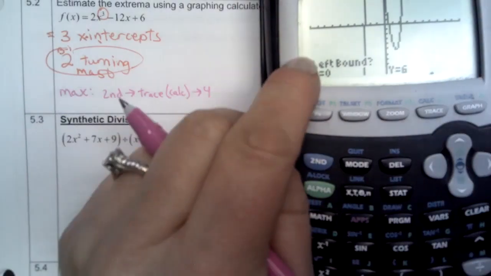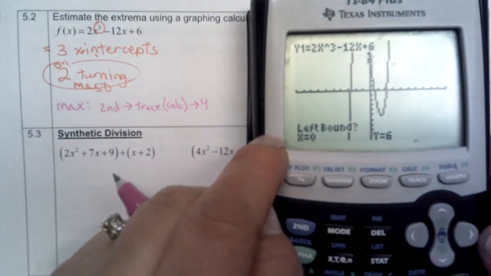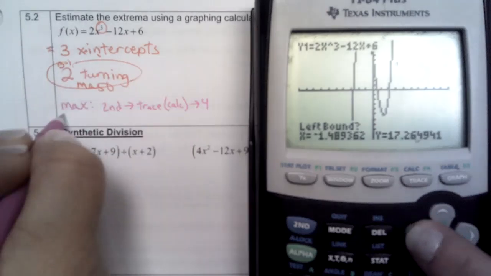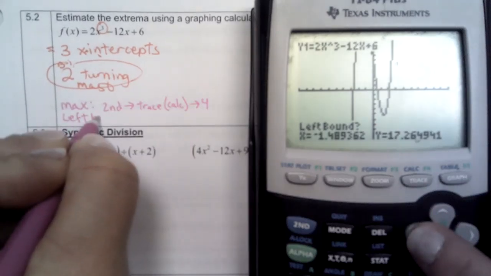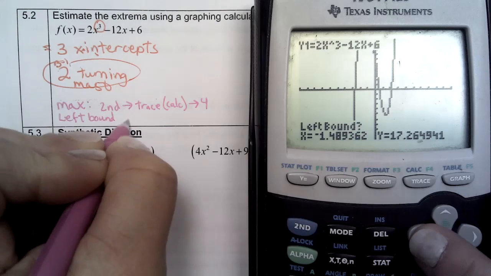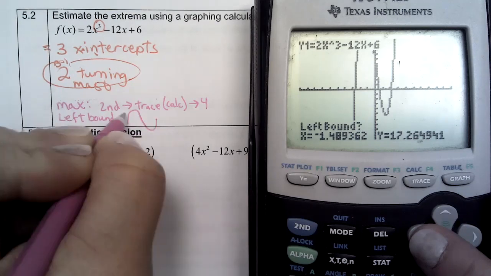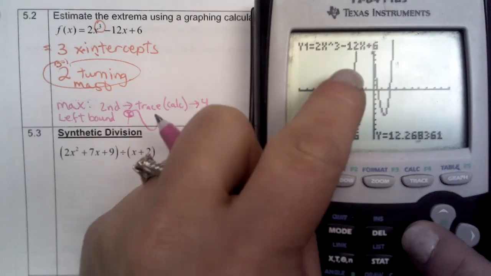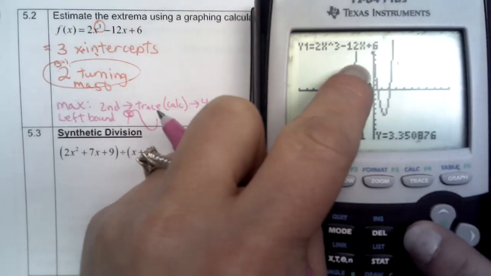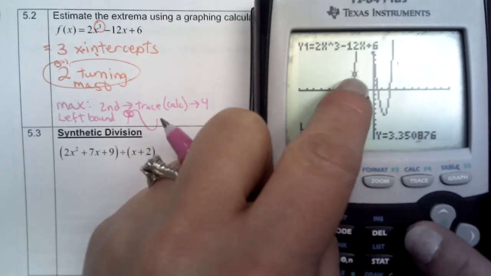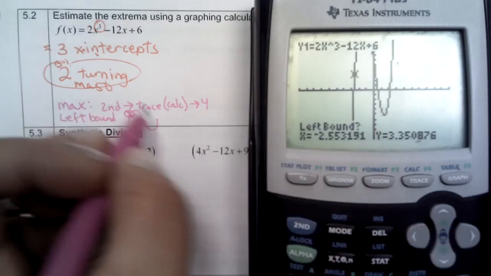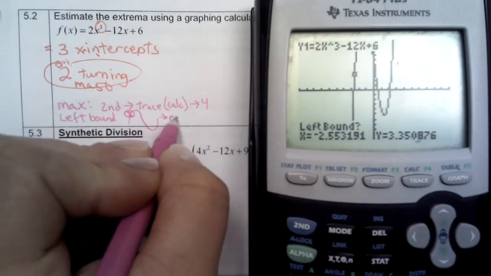Now it says, what's my left bound? What that means is I need to go somewhere a little bit to the left. So if I have my graph here, I need to go somewhere a little bit to the left of this. And you can see I'm going until I can see my cursor here on the left of that maximum. Then hit enter.